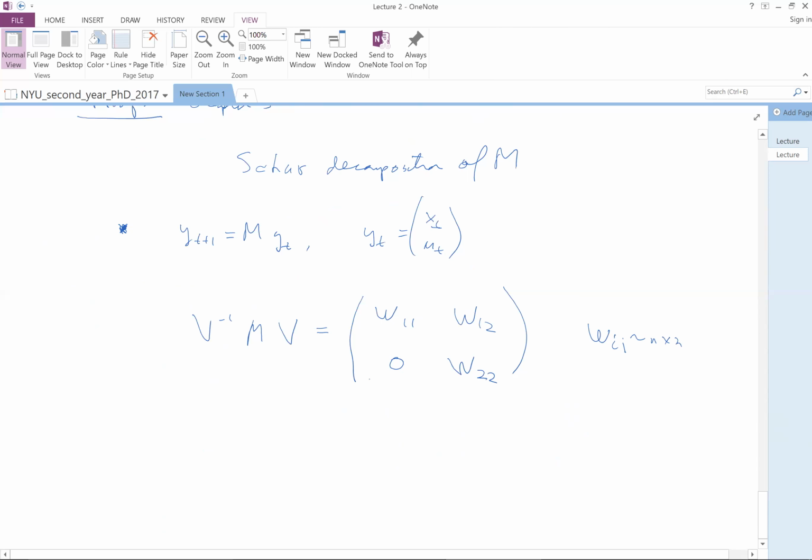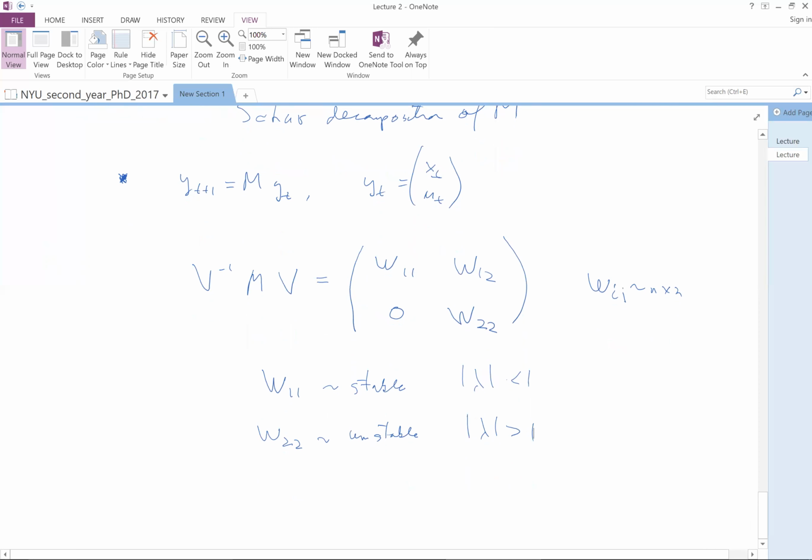And the key thing is W11 is going to be a stable matrix, and W22 is going to be an unstable matrix. And by that I mean all the eigenvalues of W11 are less than 1 in modulus, absolute value, and all the eigenvalues of W22 are greater than 1. And what this triangularization does is it sorts the eigenvalues into parts that are stable and unstable.